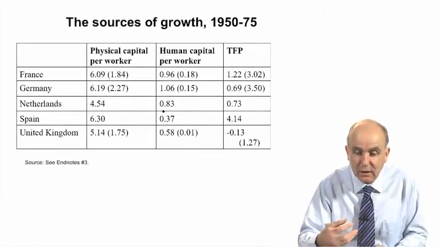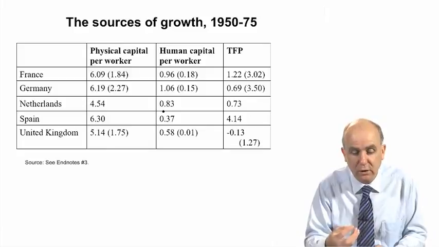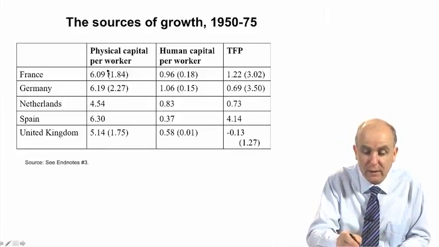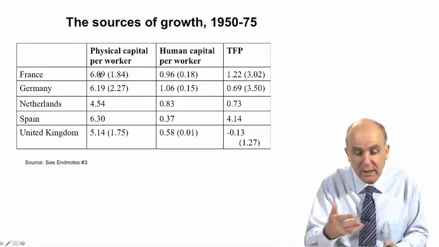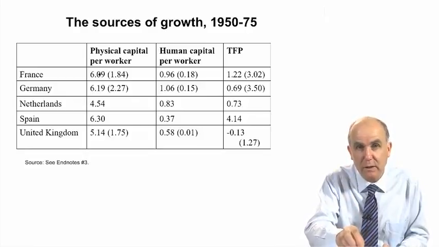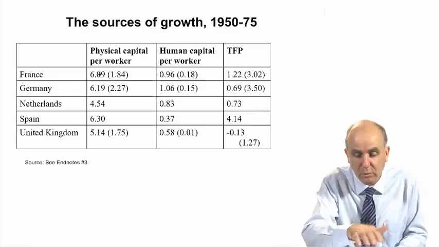The basis of this strong economic growth was twofold. First of all, there was strong growth in the amount of physical capital per worker. So this table is telling you about the contribution of growth in the amount of physical capital, like machinery and infrastructure per worker.